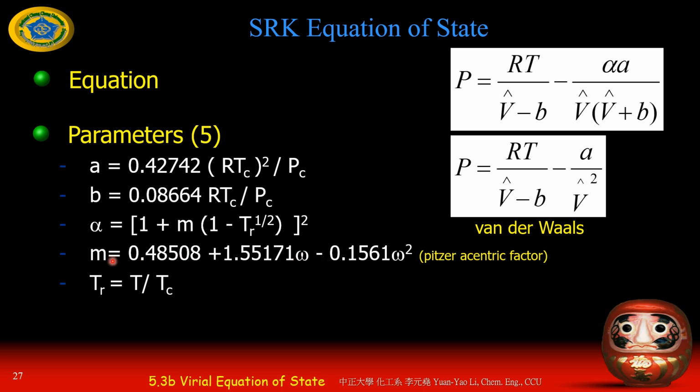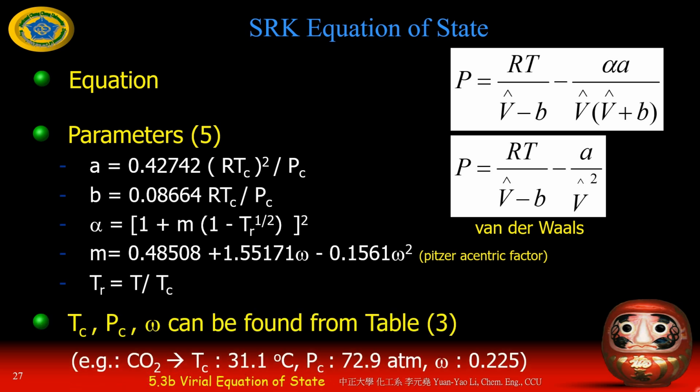What is omega? The acentric factor, right? Just check the table. TR is T over TC. So there are parameters A, B, alpha, M, and TR. Right, so this is the SRK equation of state.